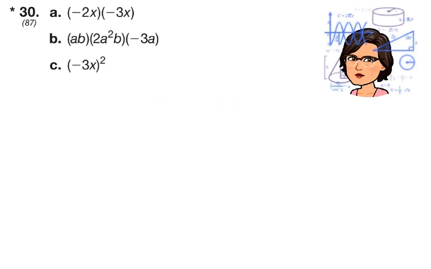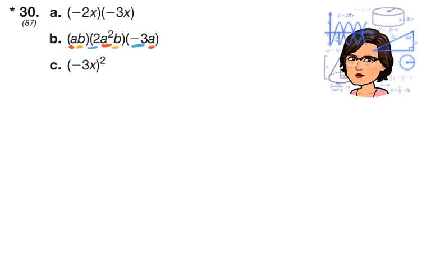All right. So remember, when multiplying and dividing with variables, you can combine them even if they have an exponent with them. So we have a, and then we have a squared and then a. Then we have the 2 and the negative 3, and then we have a b here and a b here.